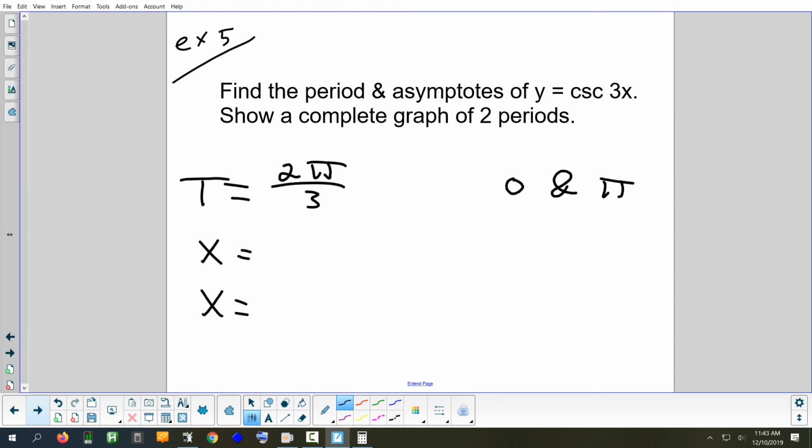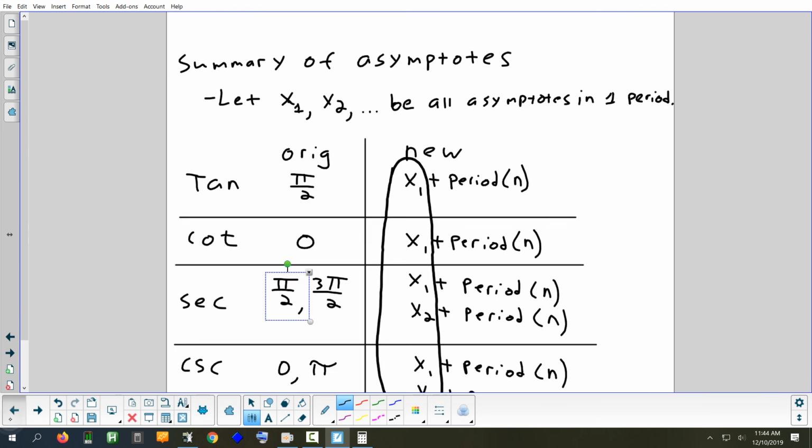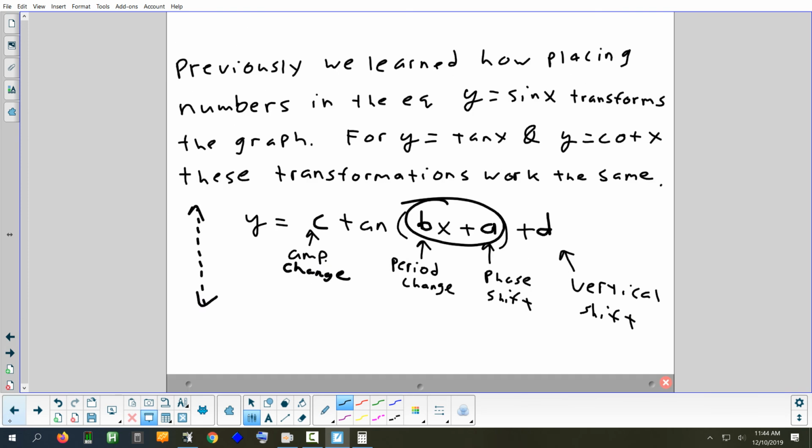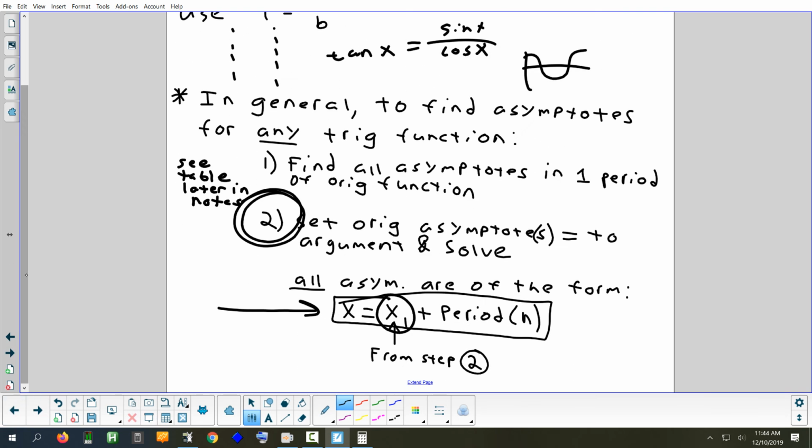Now, I'm not writing those down yet. I'm putting them off to the side, because have we done a transformation here? Yes. Then those asymptotes are not going to stay where they are. They're going to move. How do we figure out where they move? Step 2. Take the original asymptotes that you just gave me, 0 and pi, set them equal to the argument and solve. Those are going to be the 2 numbers that we want.